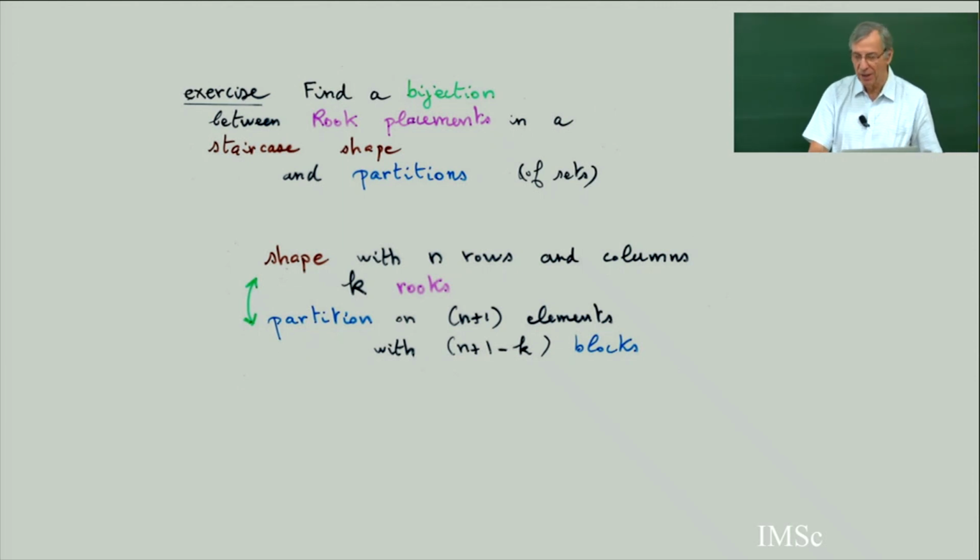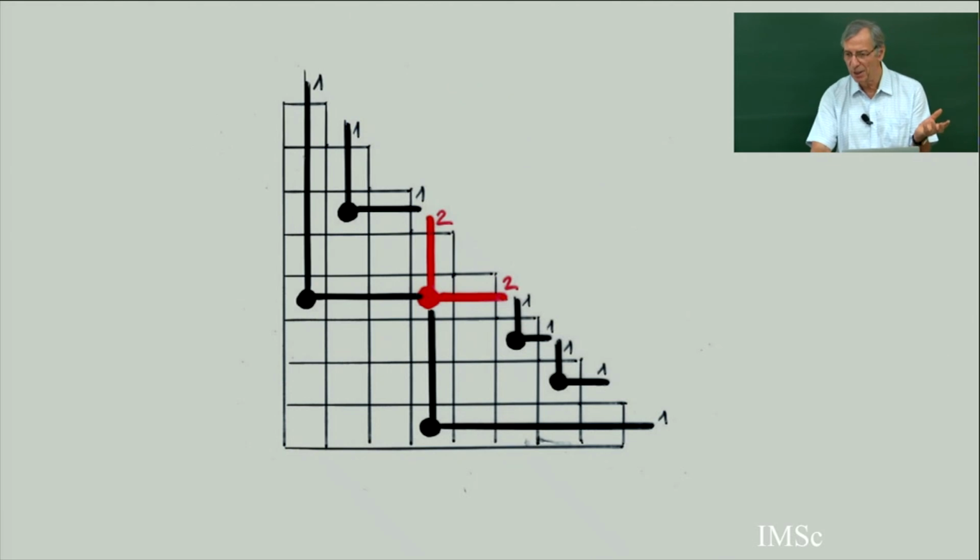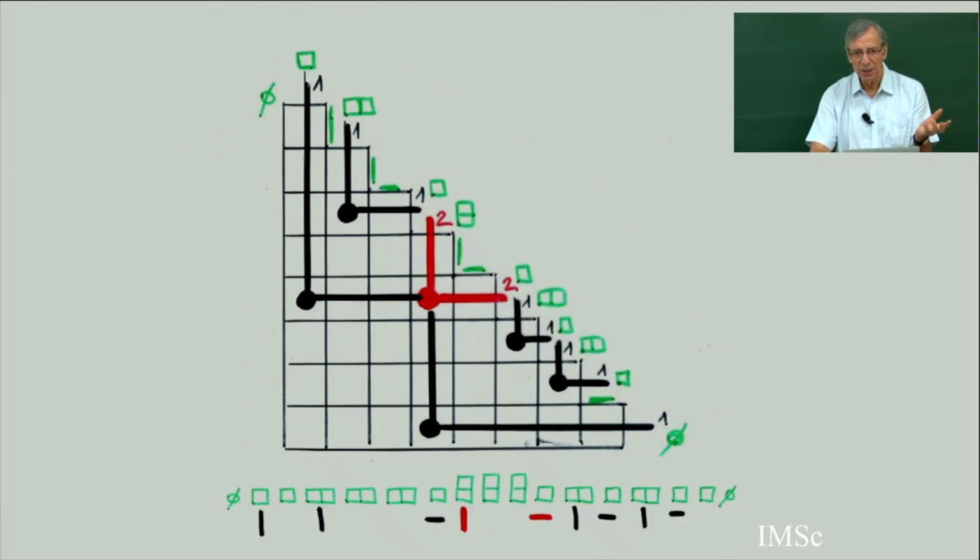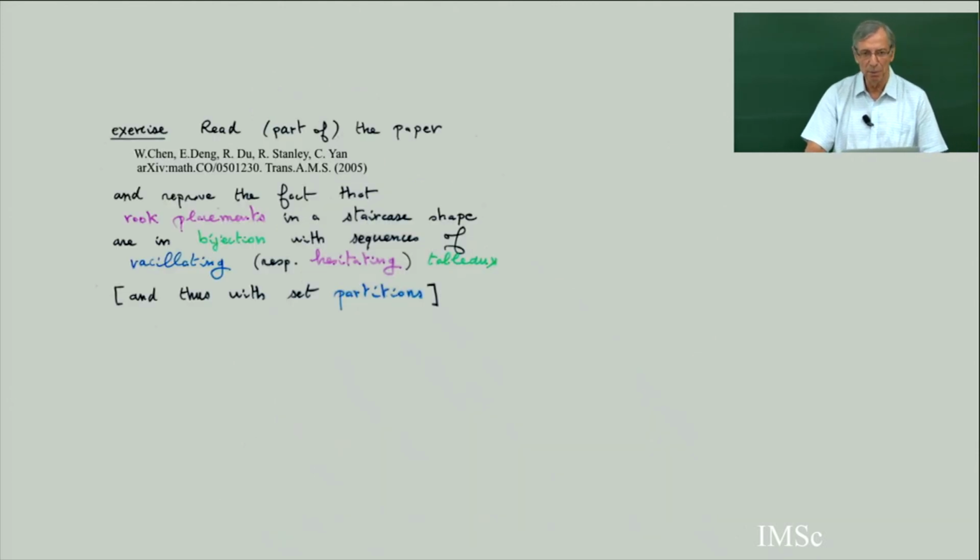And if I now apply the Robinson-Schensted construction, the shadow and all this, this rook placement is in bijection with something like this, which will be a sequence of Ferrers diagrams where you add a cell, you delete a cell, or you do nothing in two different ways. So this is related to what is called vacillating or hesitating tableau. There is a paper in Transactions of the IMS by Stanley and a Chinese colleague.